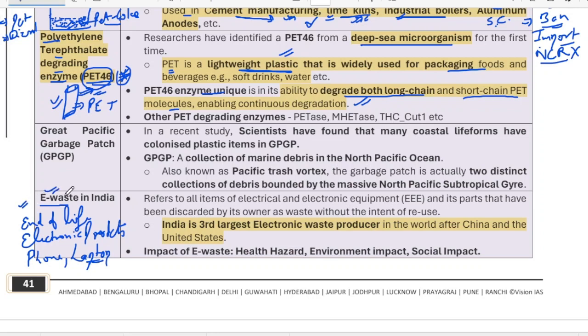According to a report, India is the third largest e-waste producer in the world after China and the US. So you must remember this fact.